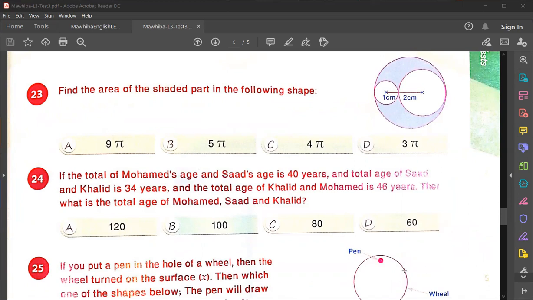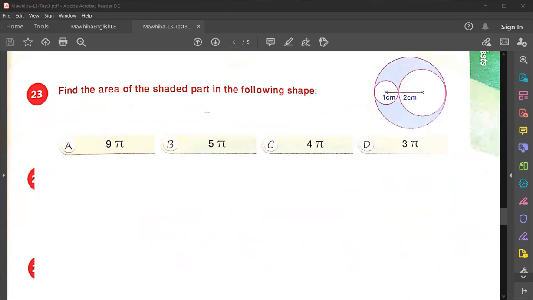What is the area of the circle? It is pi r squared, right? So we find the area of the first circle. The radius is 1, so it is pi.